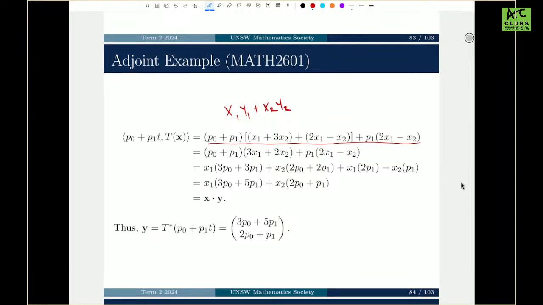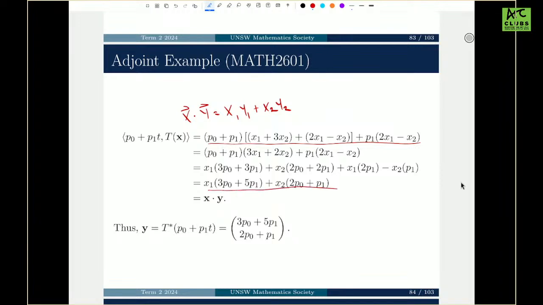That's just the dot product x dot y. If we can get that, then happy days. So we do all this expanding and simplifying, and eventually we get to this point. We can simplify to this.